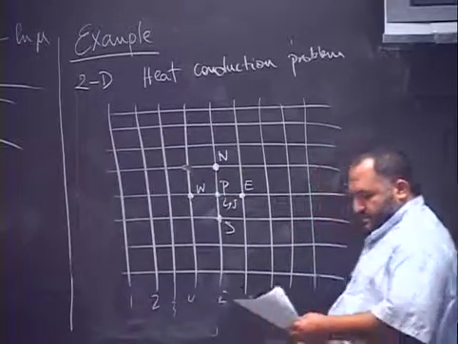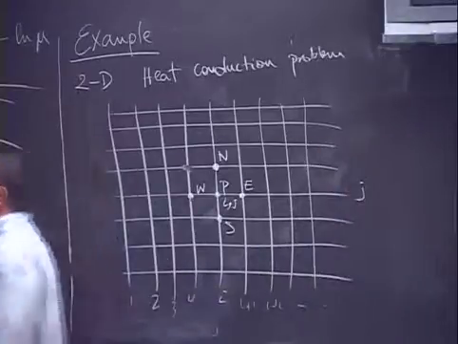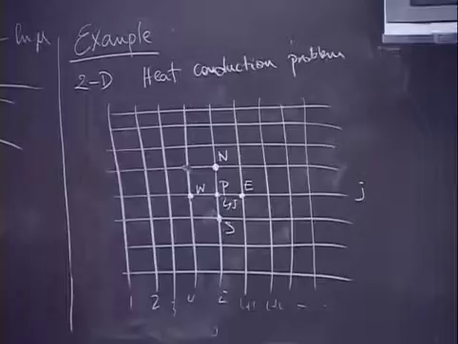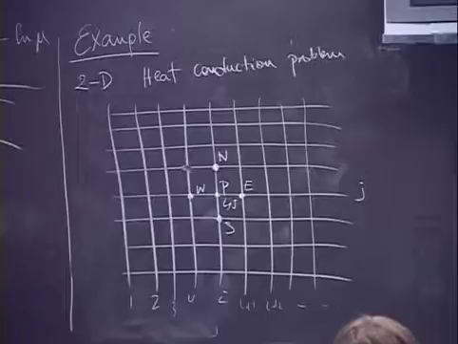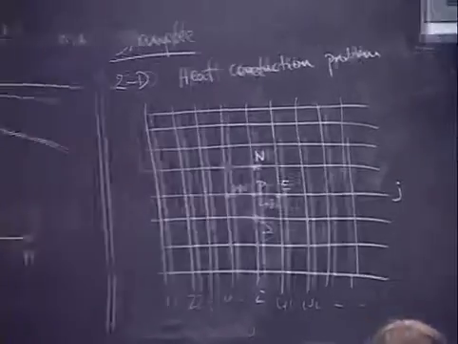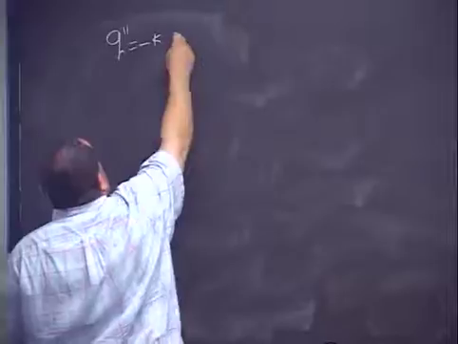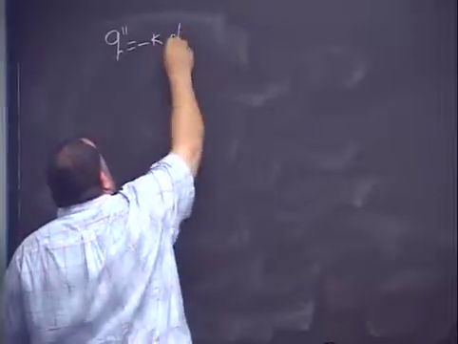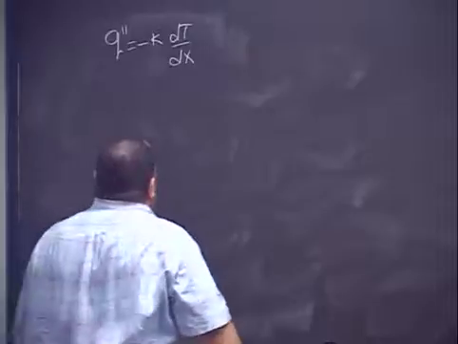We will be using the finite difference scheme in order to solve the two-dimensional heat conduction equation, for example. All of us know that the heat conduction equation is just q double prime equal to negative k dT by dx, or something like this.